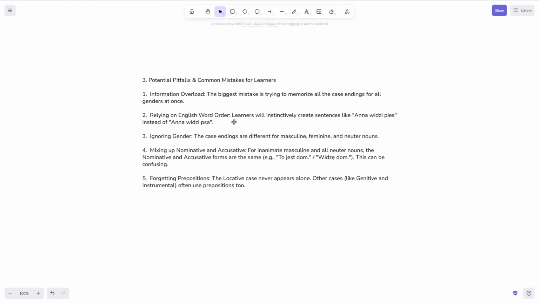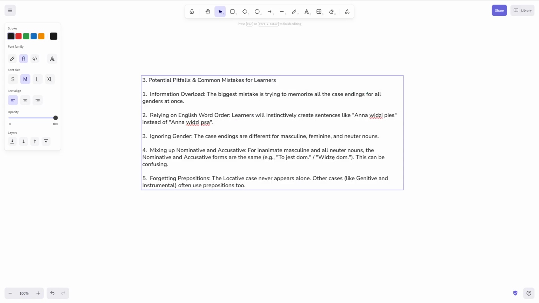Relying on English word order, yeah. So basically, in Polish, there is something called a natural word order. So there is obviously a way that we create sentences that sounds more or less natural. But in general, you can be pretty flexible, as I've illustrated earlier, okay?